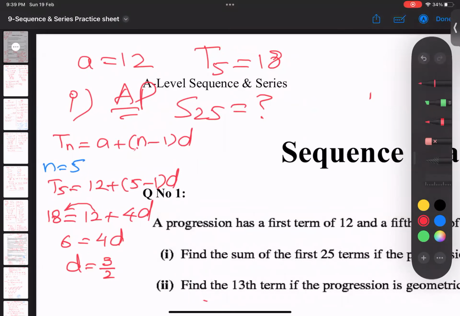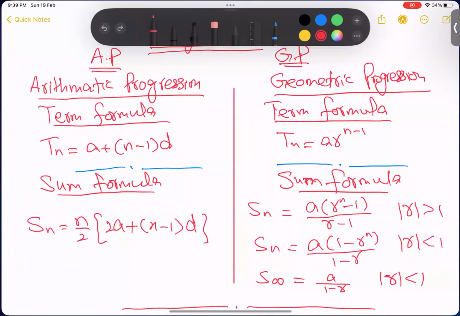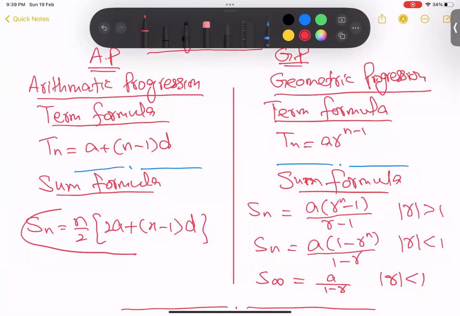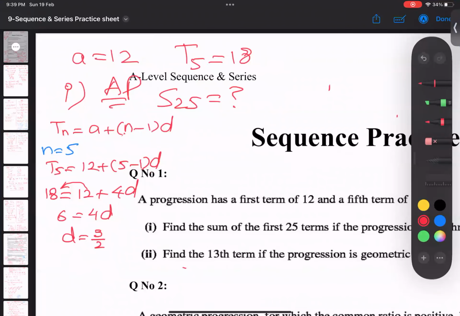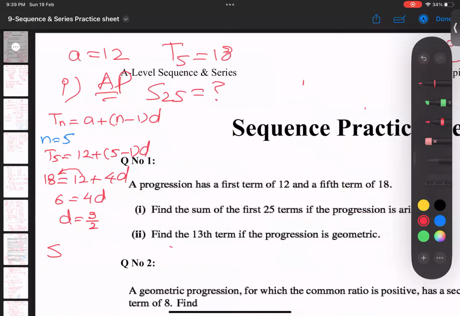And now I'm going to use this formula, the formula of the sum of the arithmetic progression. I believe all of you understand. Let's start. Bismillah ar-Rahman ar-Rahim. I'm using the formula of Sn, and here I'm writing Sn equals n divided by 2, in the bracket 2a plus n minus 1 into d.